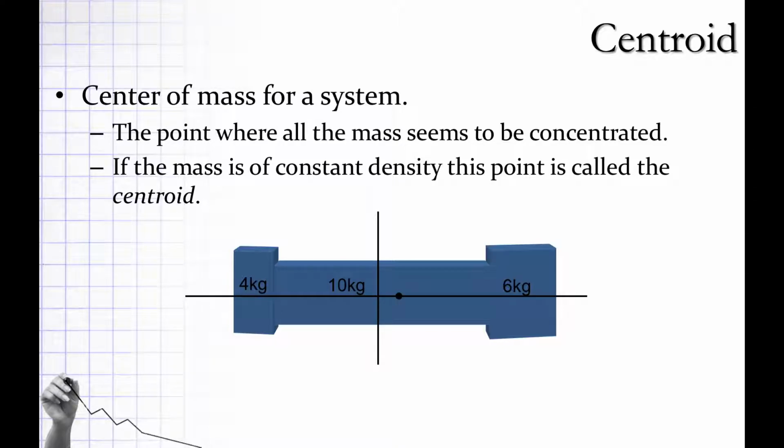Wait, so what does constant density mean? This pencil doesn't have constant density because of the rubber that's attached to it. If I take this rubber off, then the plastic all has the same density. But the plastic plus the rubber have different density. So that would change the center of mass.